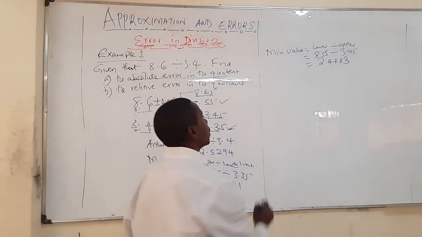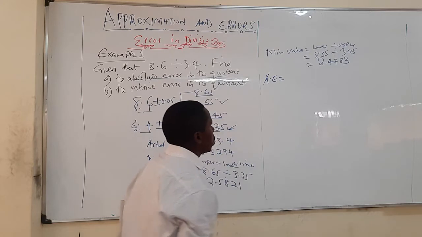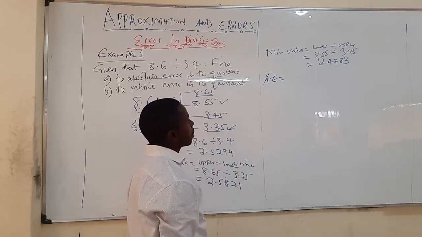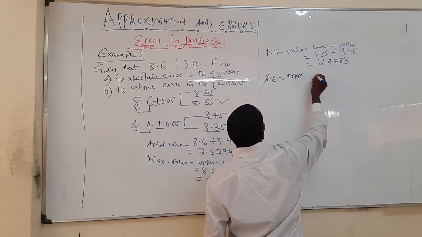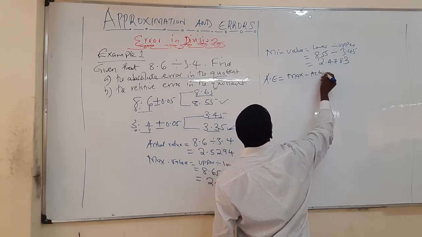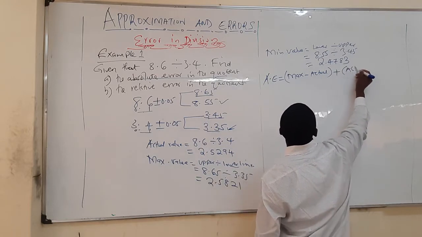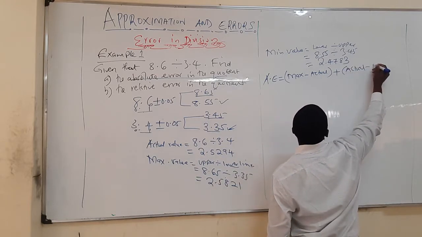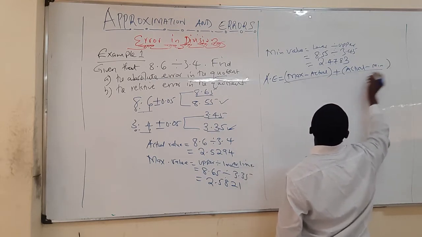Now we want to get the absolute error. Just like we did for the multiplication, it is the maximum value minus the actual, plus the actual minus the minimum value, all over 2.